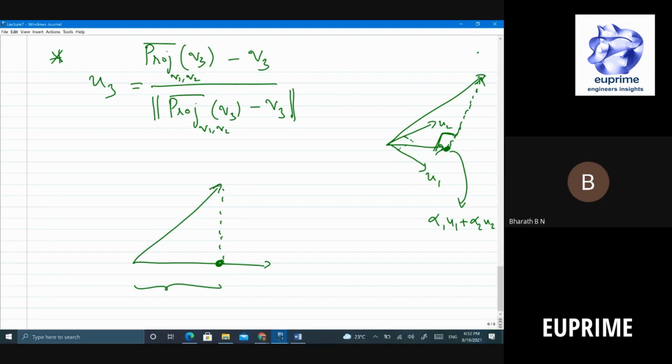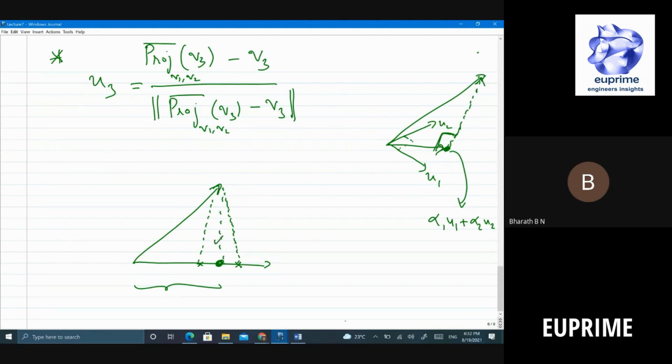Now, when you project, suppose this is your projection, what will you get? You get this vector. But if it is here, you get this vector. Among the three vectors, which one do you think has the smallest length?